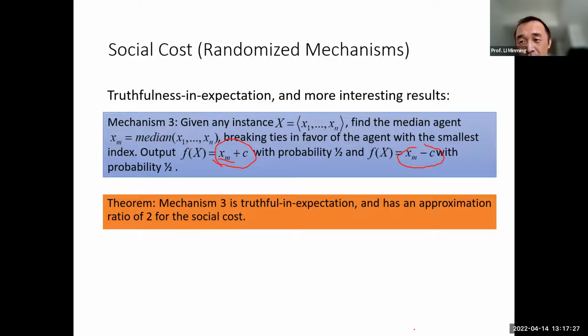And there's another solution where the agent's cost is 0 with probability 90%, but its cost is 10 with probability 10%.